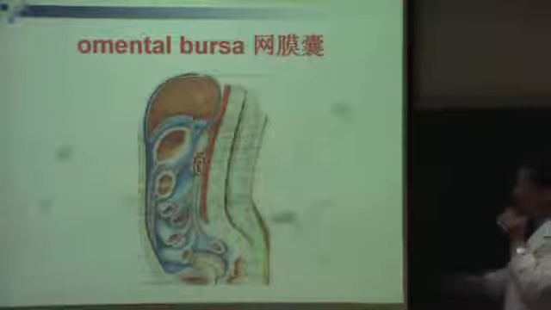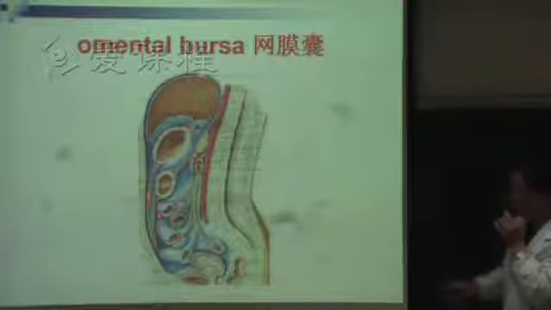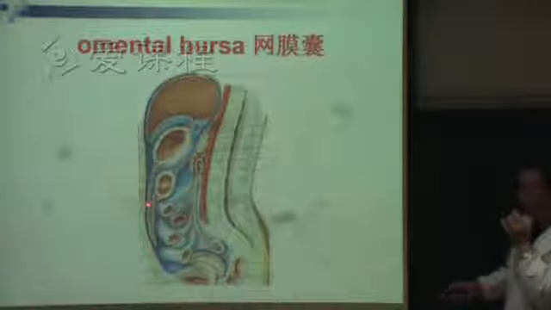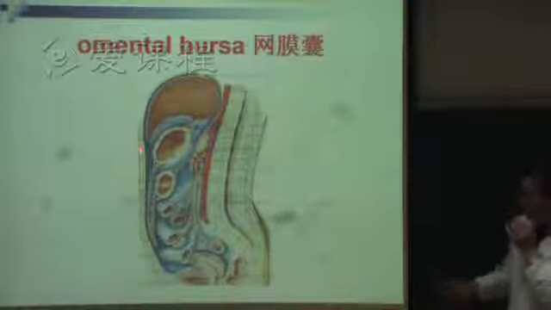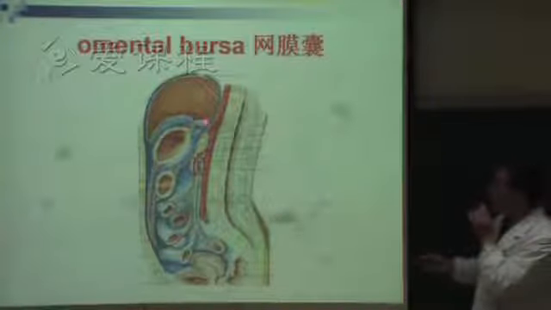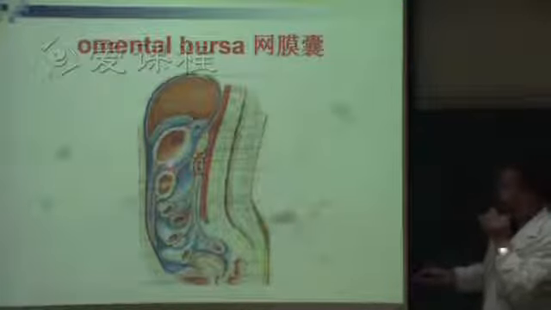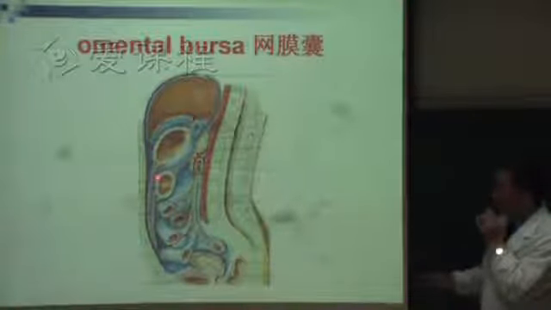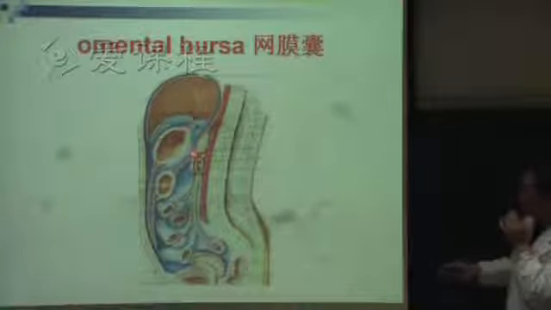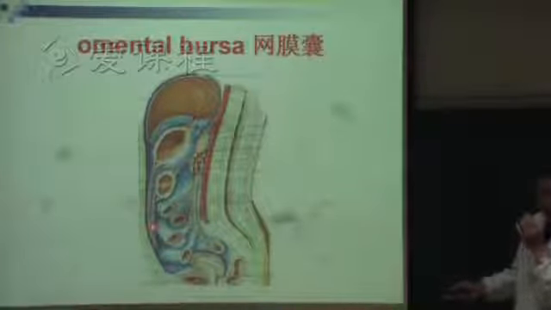Usually, the four layers of the greater omentum unite to each other to form one layer. So the omental bursa is only located in this region. If the four layers cannot unite to each other, the omental bursa is extended to here.